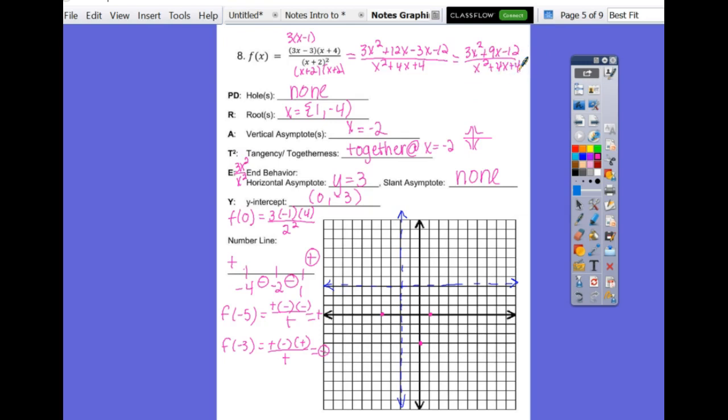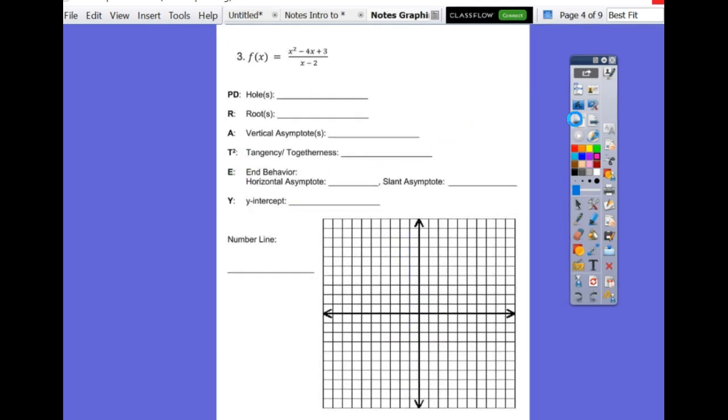What I'm going to do is take this whole function right here and set it equal to 3, because y equals 3 right here. Okay, I'm just getting some blank area to write.